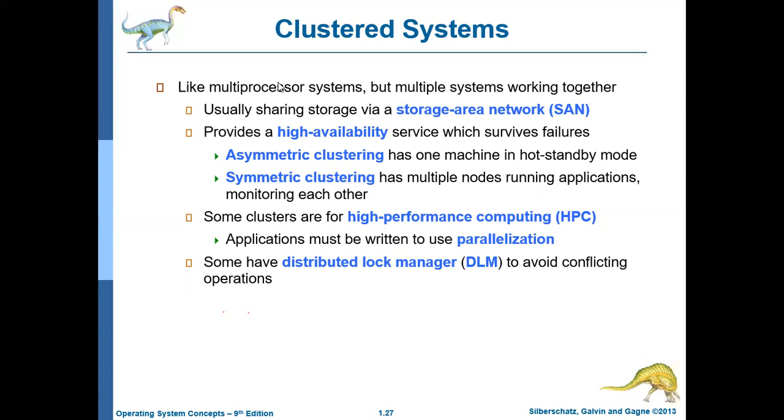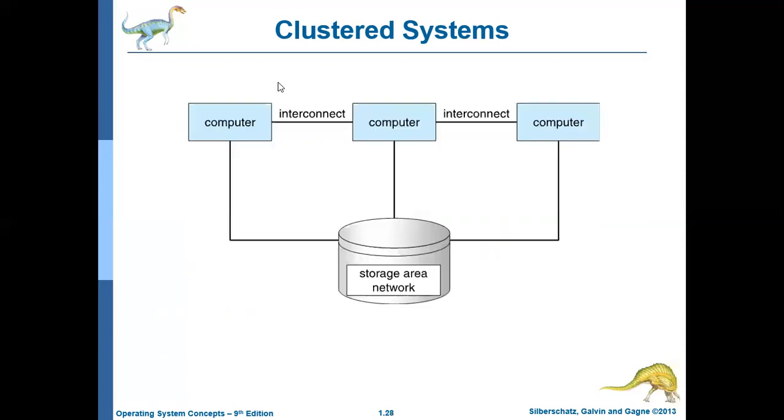Similarly, there is something called a storage area network. Okay, it means there can be one storage or multiple storage devices which are interconnected, and it can be shared among more than one node. That concept is called a storage area network.